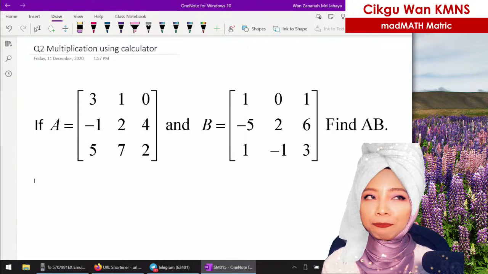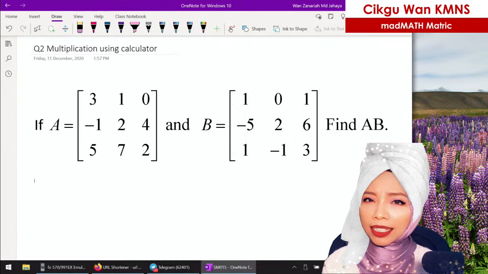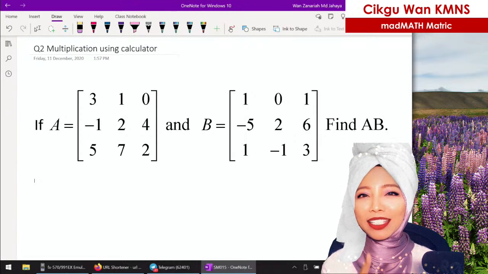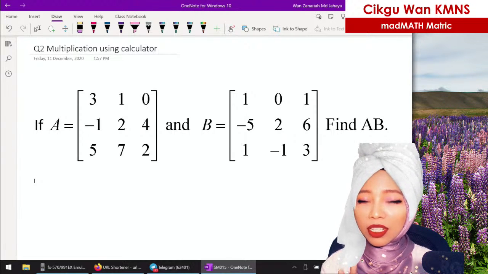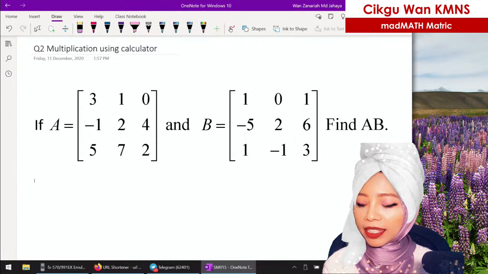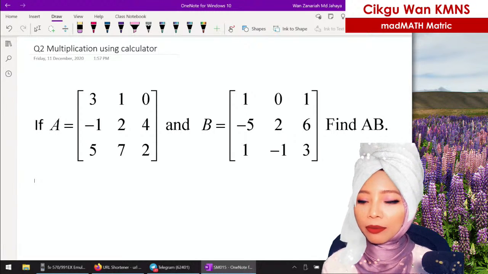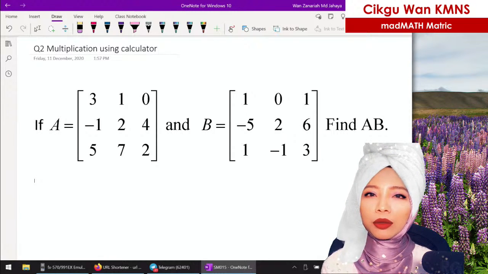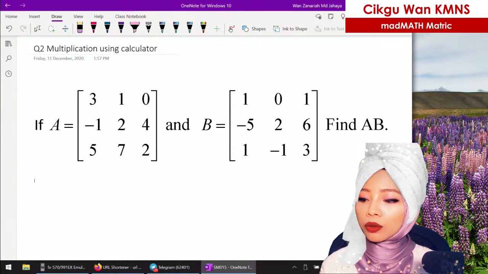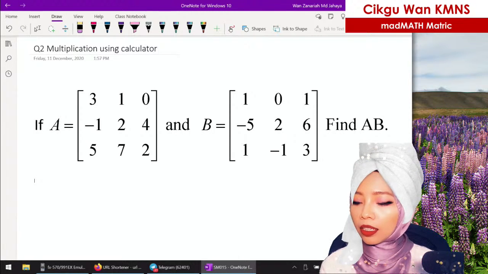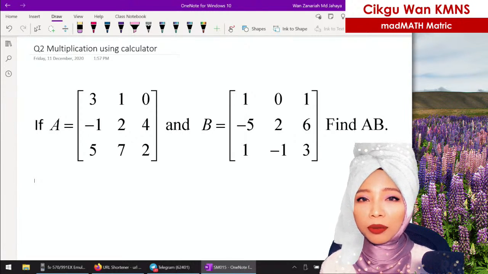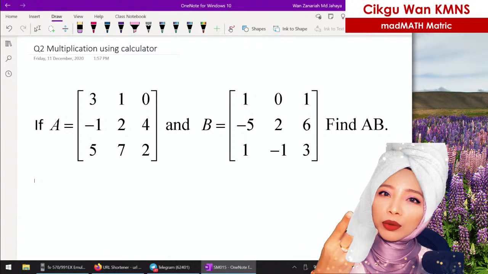We will learn how to use the calculator to check your answer, not to get your final answer, just to check your working and final answer, but you have to show your working. Usually markah banyak dekat situ, so it will benefit you kalau final answer tu lain, you boleh check dekat mana yang salah. Mungkin row 2 column 3, so you double check the values and then you work backward.